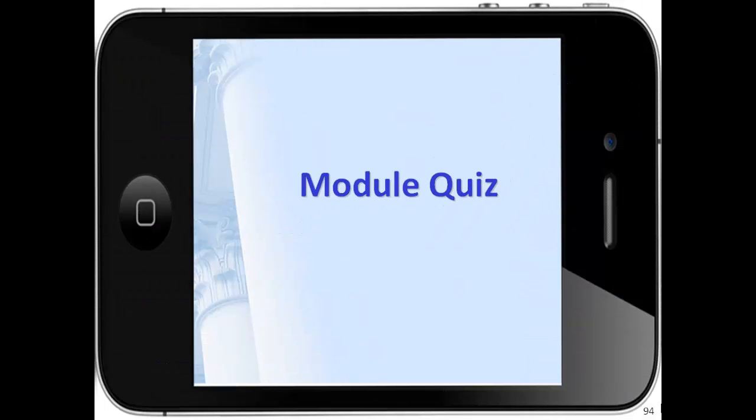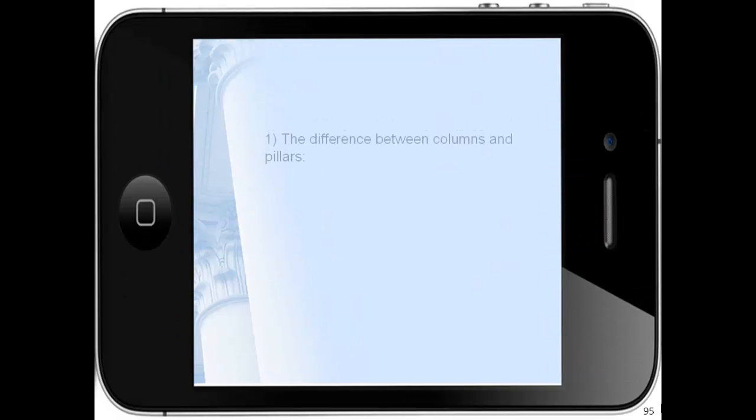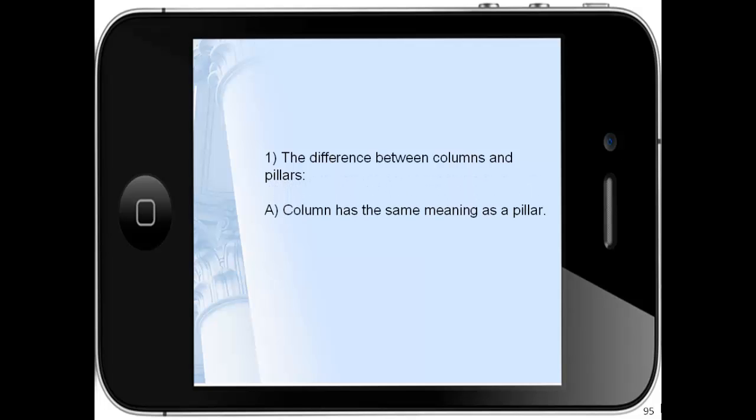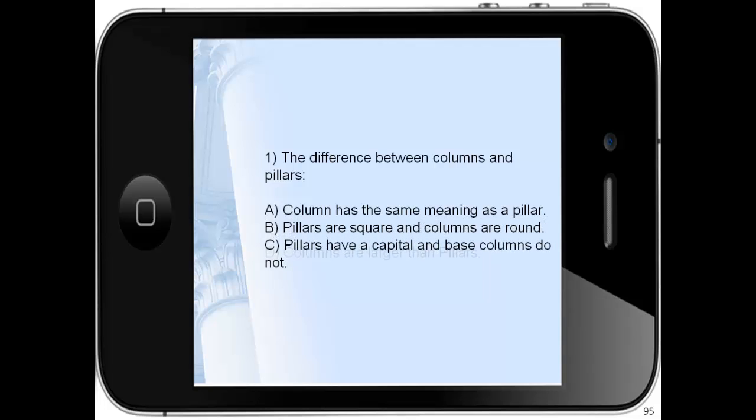So now we come to the module quiz. Let's jump right into it. Question 1. What is the difference between columns and pillars? A. Column has the same meaning as a pillar.